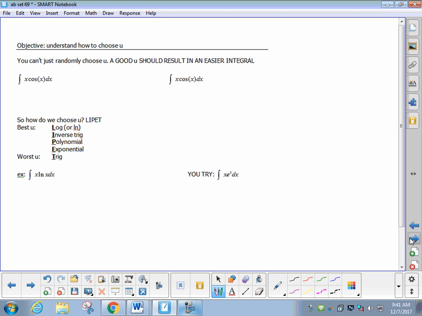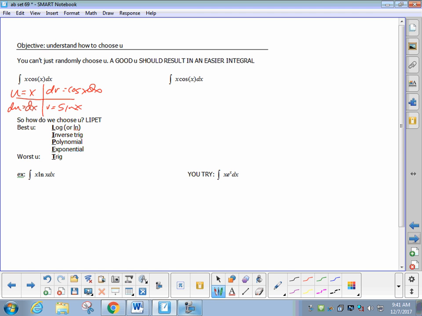Okay? Let me give you one illustration to show you what a bad choice will look like, and you'll know when you make that mistake, hey, I did something wrong. So we just did this problem, and when choosing well, we let u equal x and dv equal cosine of x dx. du is dx. I'm going through this quickly because we just did this.